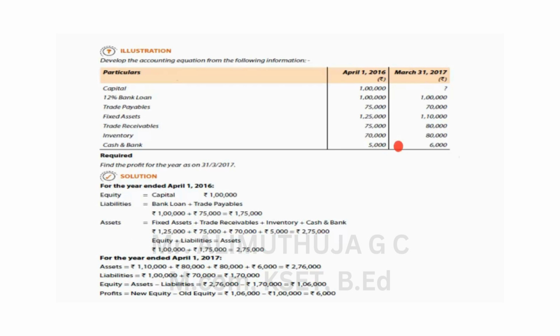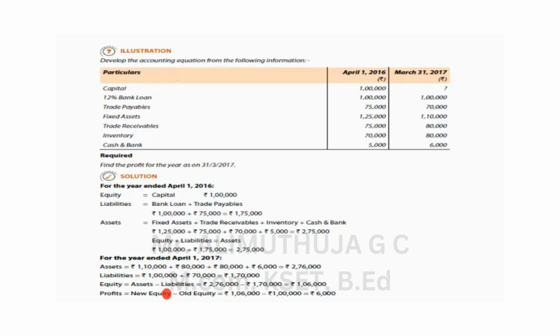Assets: fixed assets 1,10,000, trade receivables 80,000, inventory 80,000, cash and bank 6,000. So total assets come to 2,76,000. Liabilities: bank loan 1 lakh, trade payables 70,000. So liabilities are 1,70,000.